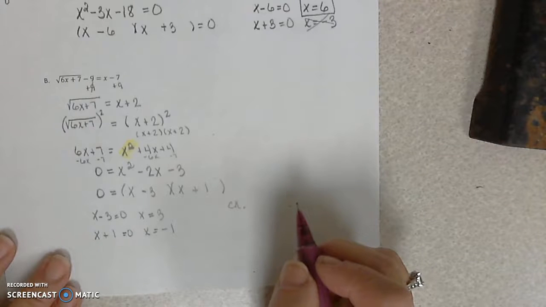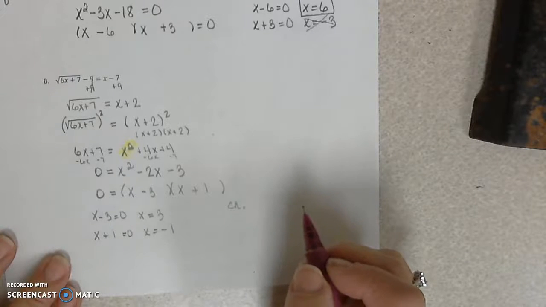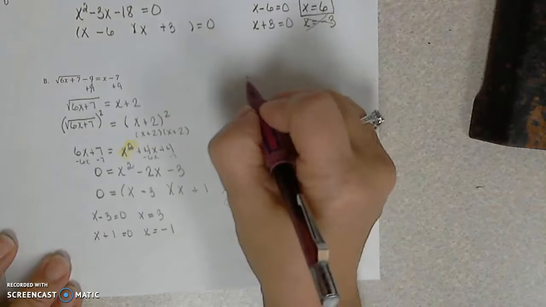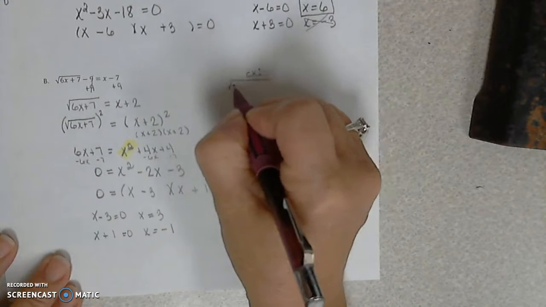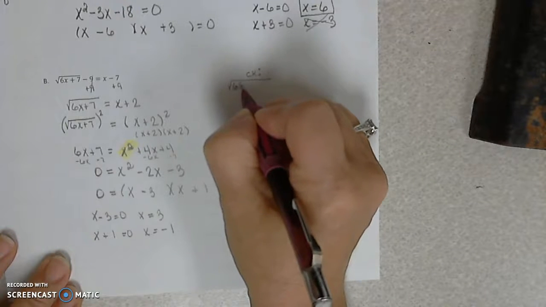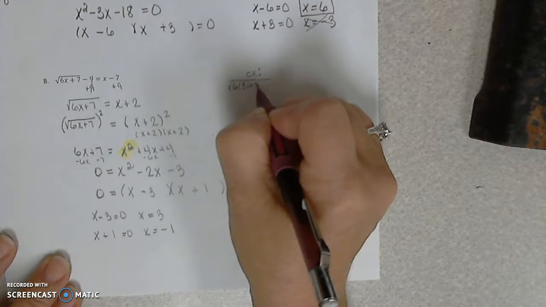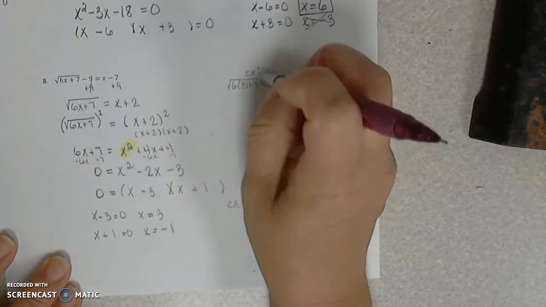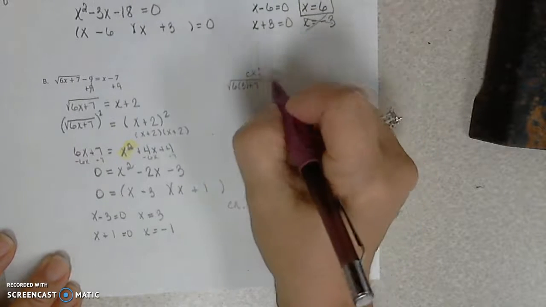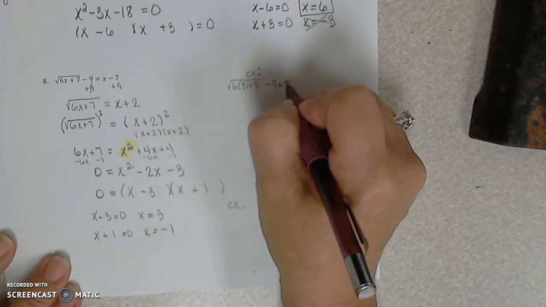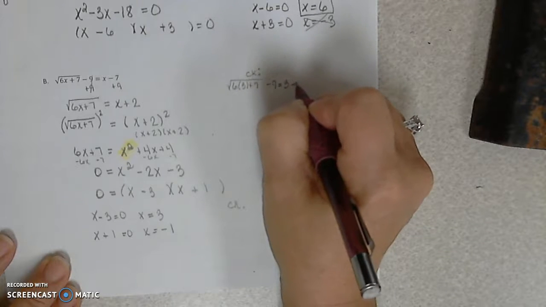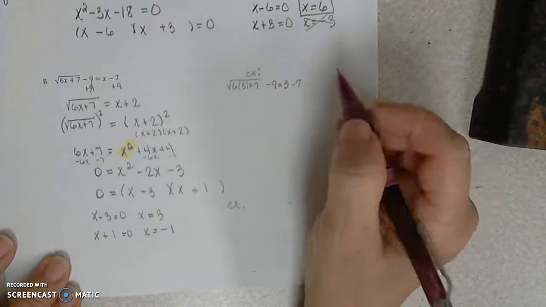So let's see. I can check right here. Square root of 6 times 3 plus 7, minus 9, does that equal 3 minus 7?